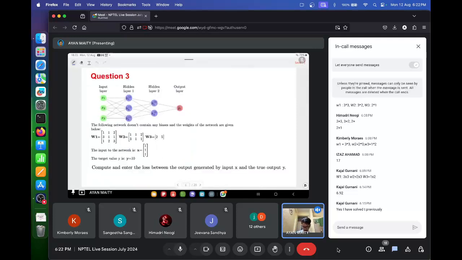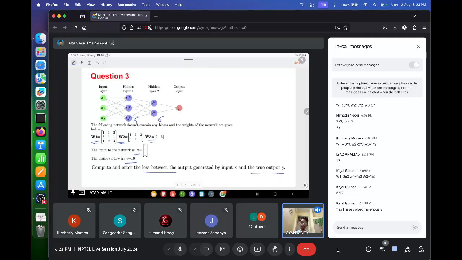Now question 3, for the same network and same weight matrices, and again the two hidden layers are using sigmoid activation functions. The output is not using any activation function, and for the input x 1 1 1, the target value y is 10, and you have to compute the loss between the output generated by your neural network and the true output y.